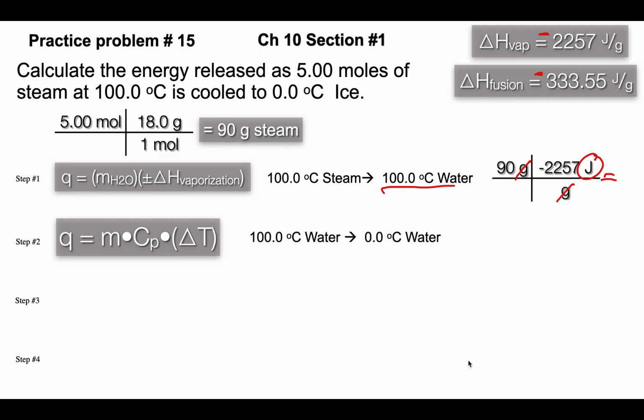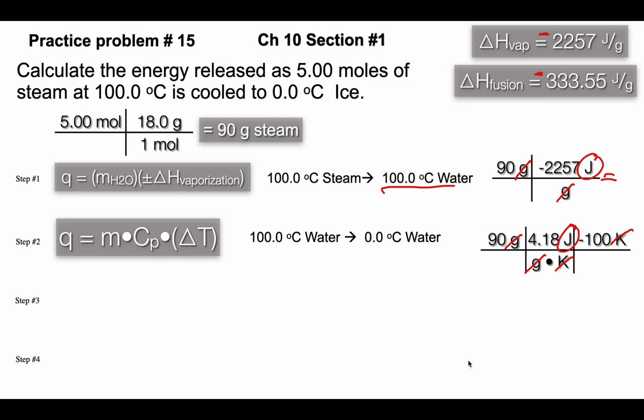So basically you're doing 0 minus 100, so we'll have a negative delta T. So 90 grams, 4.18. Still the specific heat of water is 4.184, using negative delta T. So we'll come out to a negative, but just making sure everything cancels out, we're left with joules. We'll add that up later.